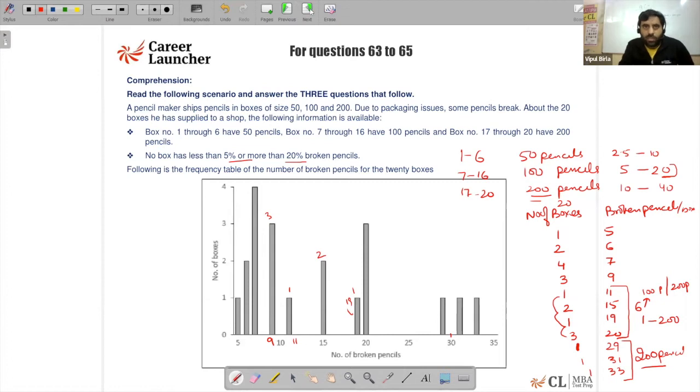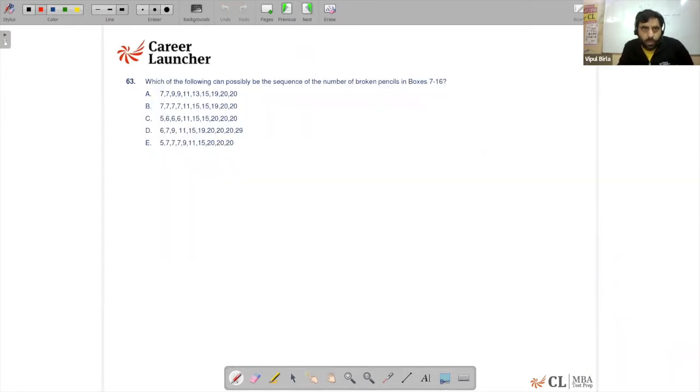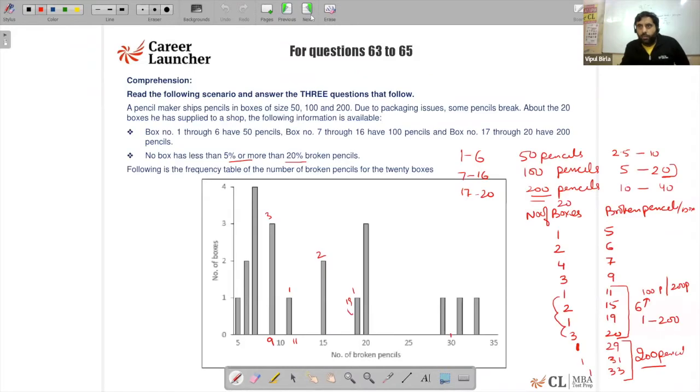Let's see what exactly they're asking. Which of the following can possibly be the sequence of number of broken pencils in boxes 7 to 16? We know from 7 to 16, each box has 100 pencils.